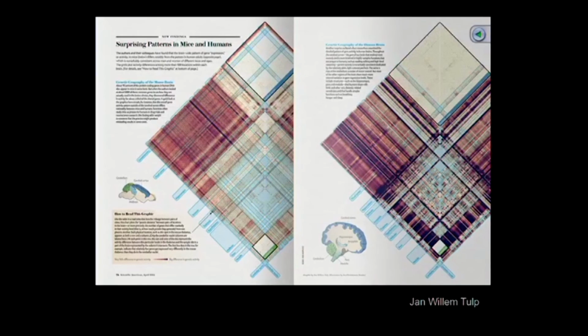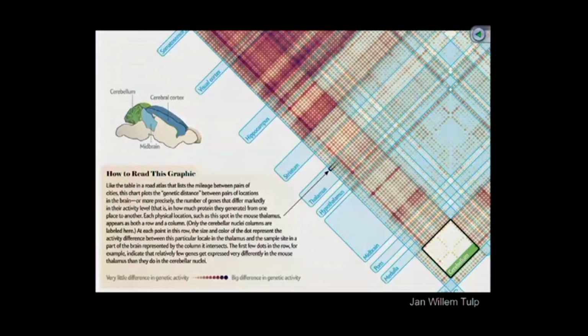Here's the final product as it appeared in Scientific American by data designer Jan Willem Tolp. We didn't dumb down the material. Brain structure terms remain intact. The full data set remains intact.